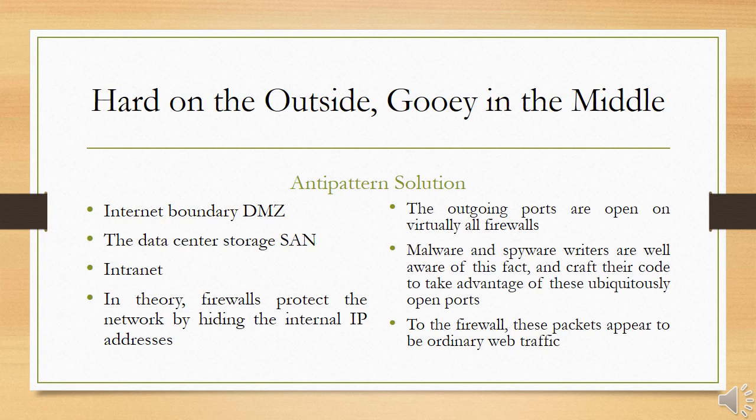Malware and spyware writers are well aware of this fact and craft their code to take advantage of these ubiquitously open ports. Botnet malware and browser-based spyware send beaconing packets from infected machines inside the firewalls to port 80 on external control servers. To the firewalls, these packets appear to be ordinary web traffic.